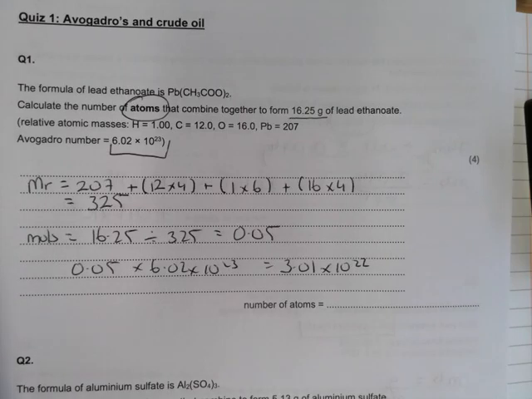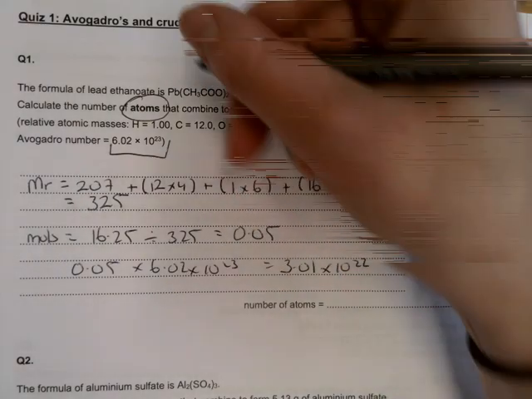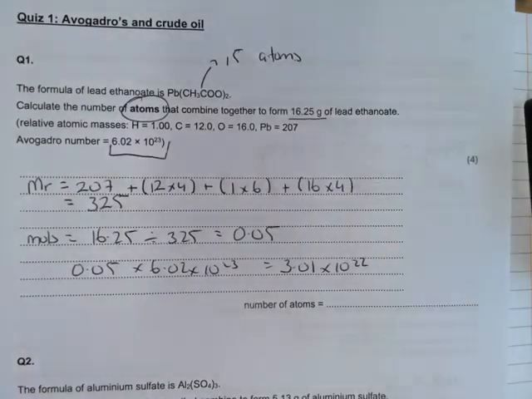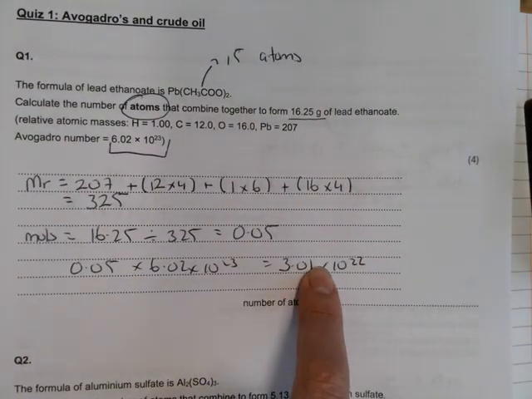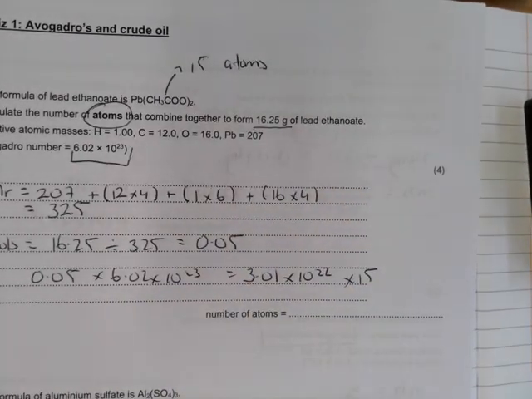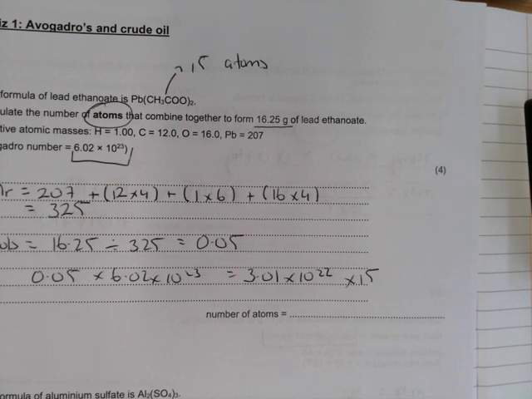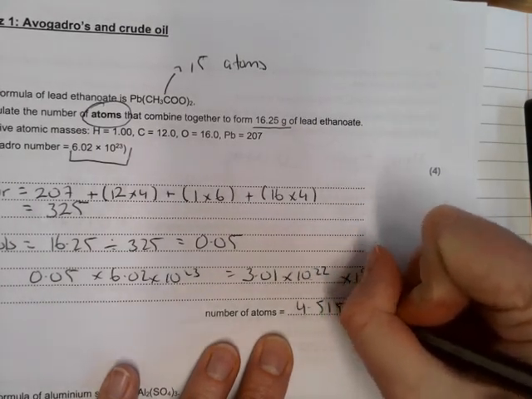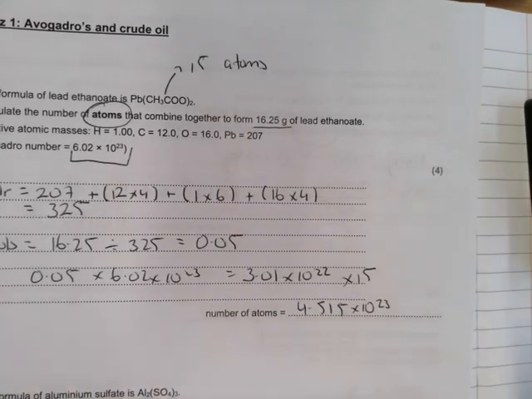So when I add that up, I get 1 and 4 and 6 and 4. I get 15 atoms. There are 15 individual atoms in each lead ethanoate. This is how many lead ethanoates I have. I times that by 15, and that tells me how many atoms I've got. So 3.01 by 10 to 22, times by 15, and I get 4.515 by 10 to the 23.